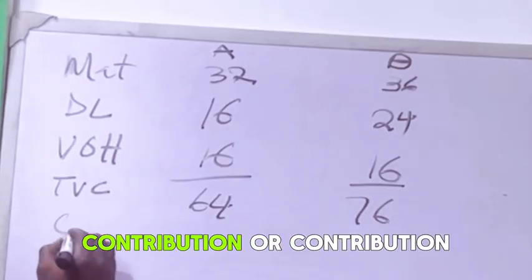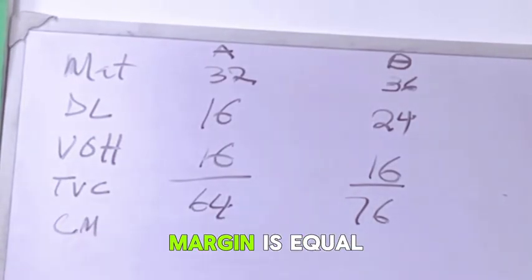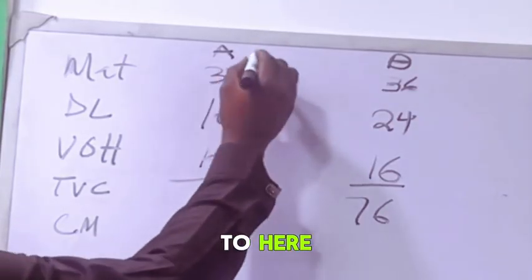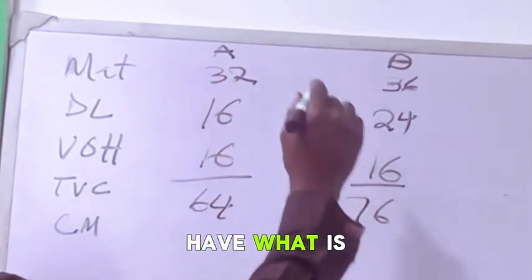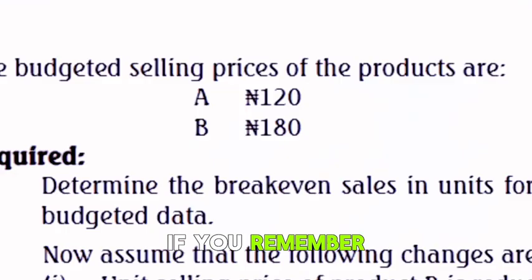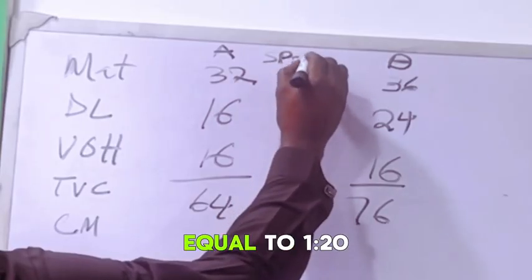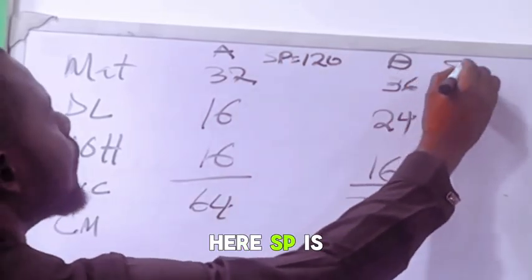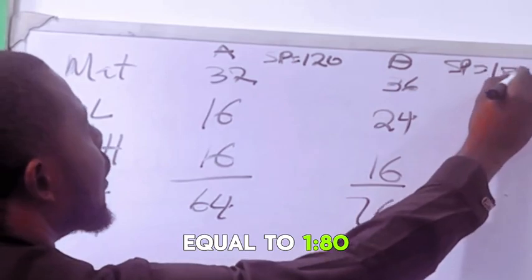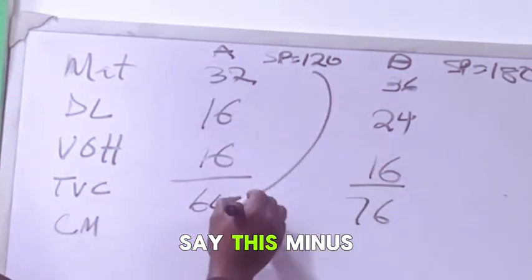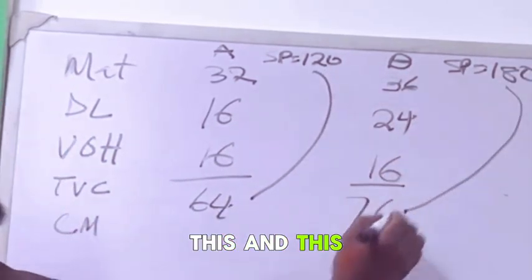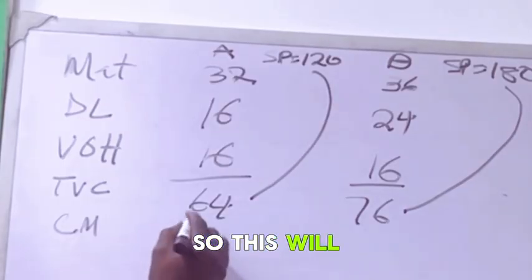So we say contribution or contribution margin is equal to, here for A, what is the selling price? If you remember, our selling price, I think, is 120. From the question, we say 120 and 180. So here, SP is equal to 120. Here, SP is equal to 180.